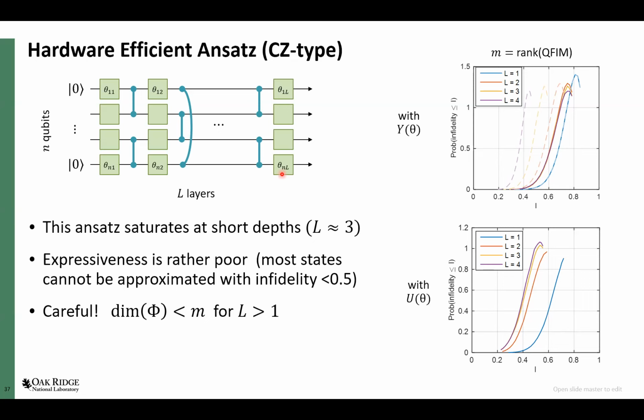You can think of the rank of this quantum Fisher information matrix as how many different directions my parameters let me move in Hilbert space. And you can calculate that from the Jacobian.